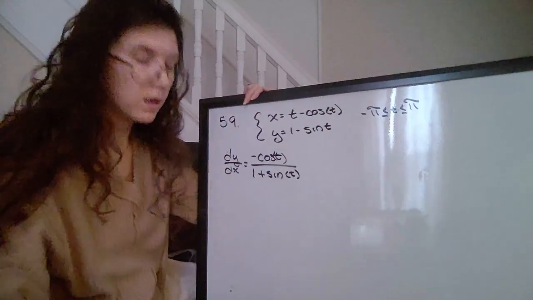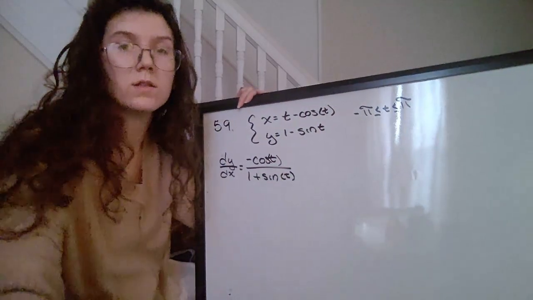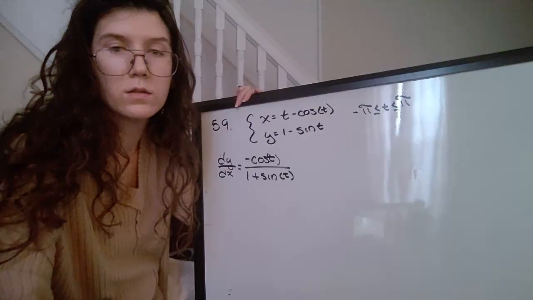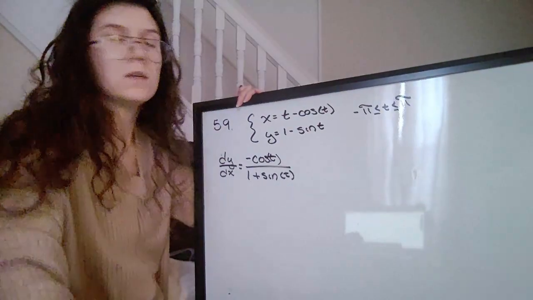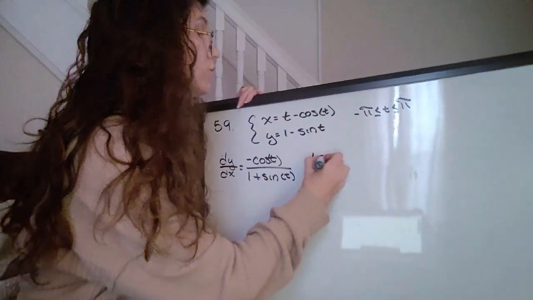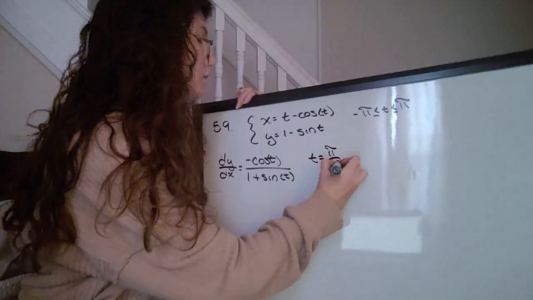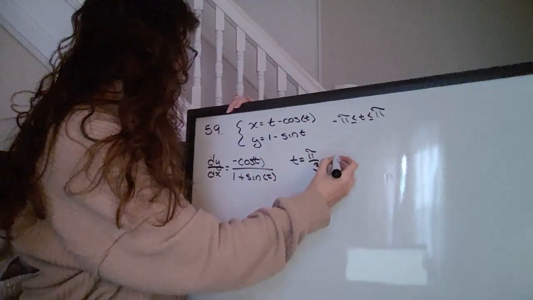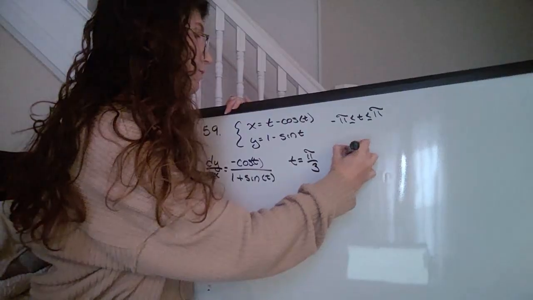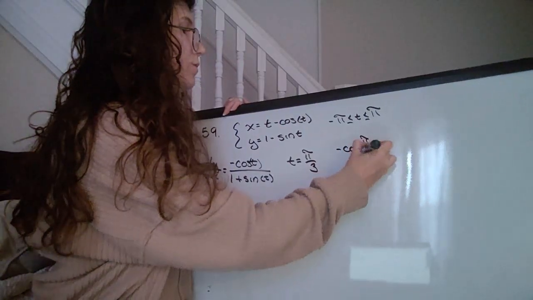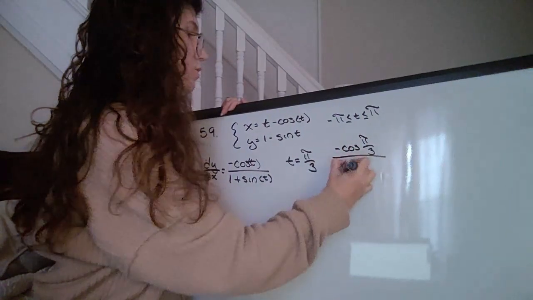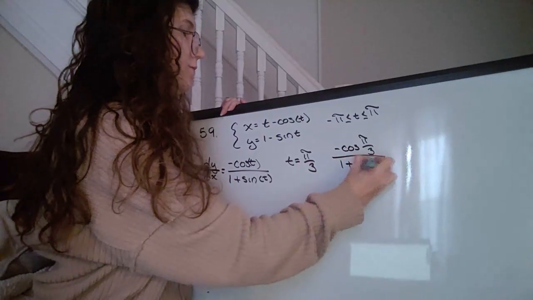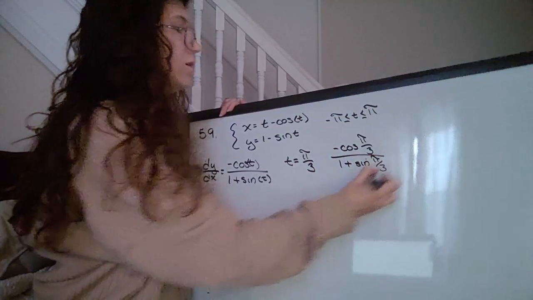Not too crazy. And then I want this to be at point t equals pi over 2. Excuse me, pi over 3. So if I plug in that, this will be negative cosine of pi over 3, over 1 plus sine of pi over 3.